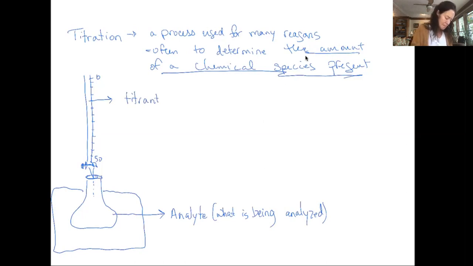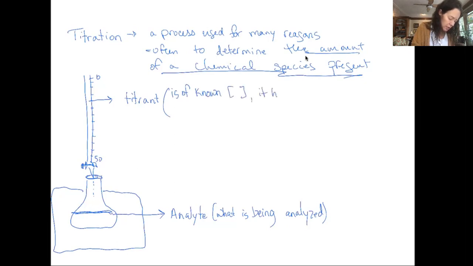This is often used in acids and bases. It is used in redox equations, which we'll get to. We're going to go ahead and look at it in terms of acids and bases, all right? So what happens is our titrant is of known concentration.